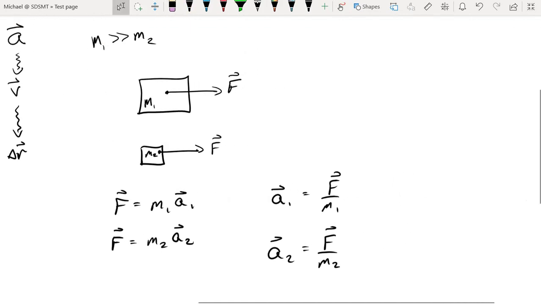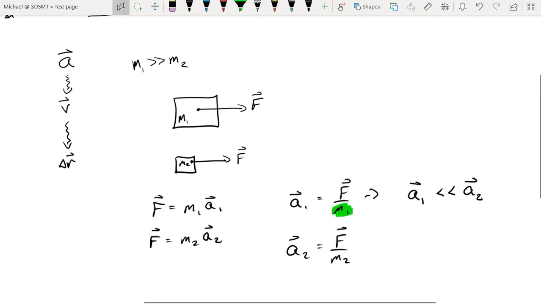And so if mass 1 is much larger than mass 2, we are taking a force and we're dividing it by a much larger number, which means we're going to get an acceleration vector that is much smaller than what is produced for mass 2.